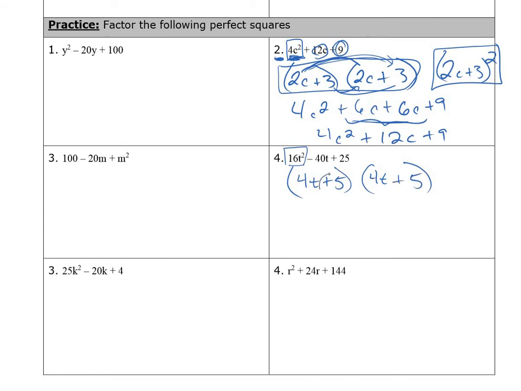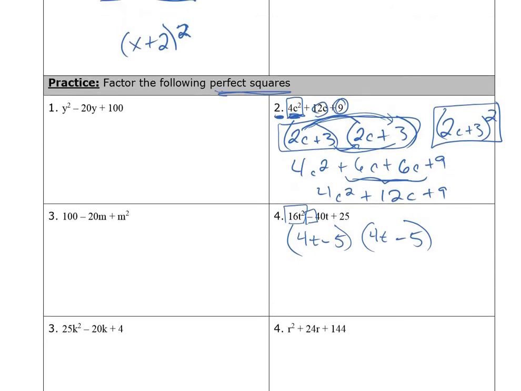It can't be plus like we just put in, because it's negative in the middle. Positive times positive does give me a 25 positive, but it doesn't give me a negative when I add it. So you would know that they both have to be negative and negative, so that when you multiply it's positive, but when you add they stay negative and you have bigger negatives. Alright, so this is perfect squares.